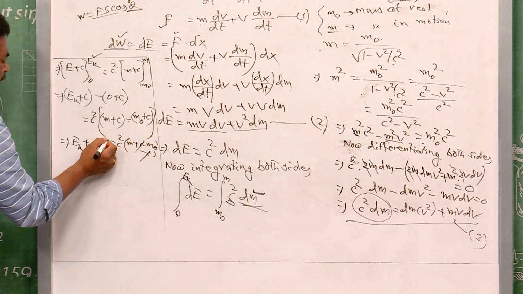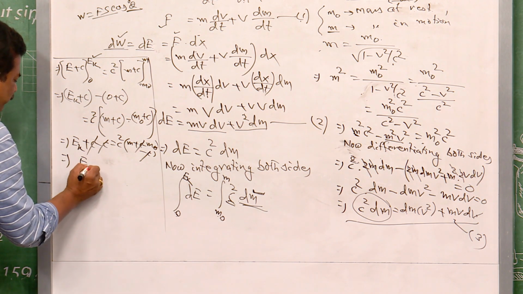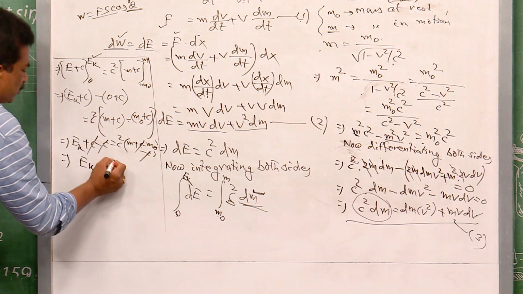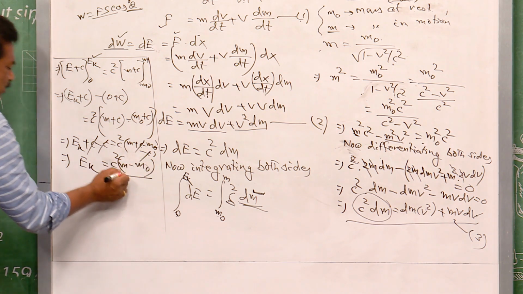You see, c cancels. So this implies Ek equals c square of m minus m0.